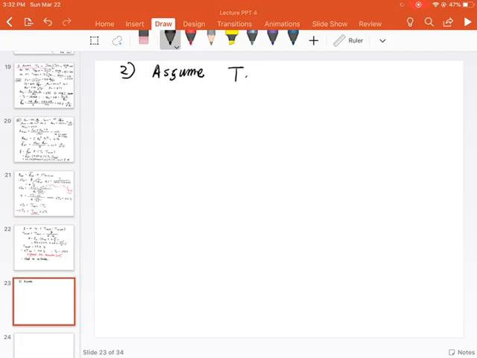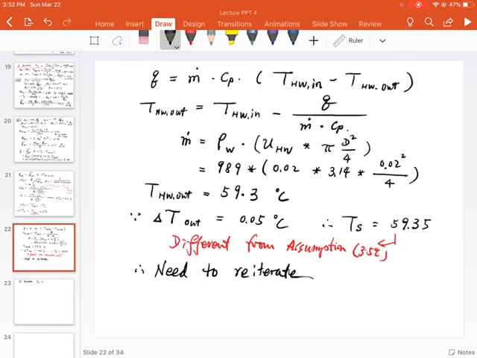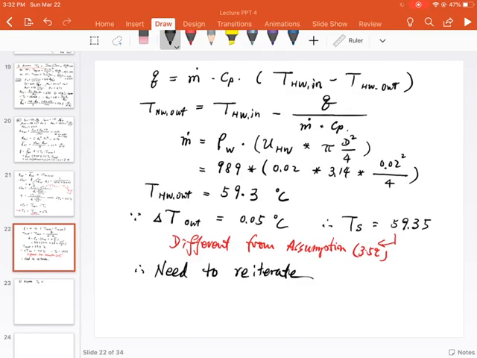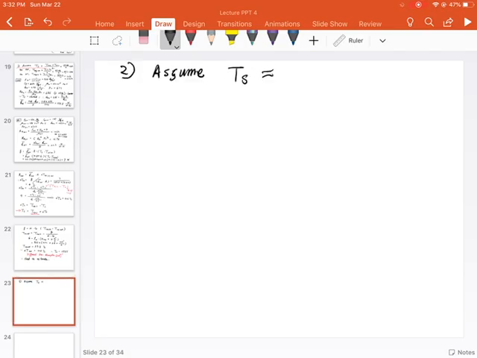If I average, that would be 47. So if it's 47, I just take 50 C. Assume the surface temperature is 50 C.